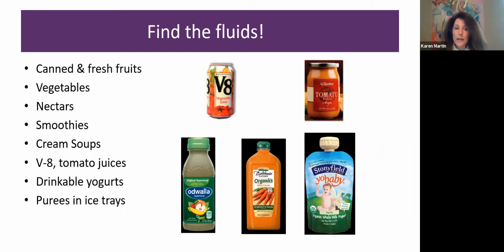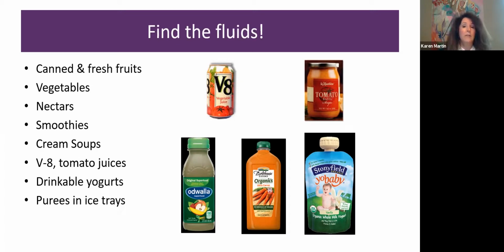These are other places to get fluids. So your canned and fresh fruits and vegetables are almost 100% water. So if you can think about even getting canned apricots and pureeing those and having them like that, or just if you're able to eat canned fruits or fresh fruits, those are good things to incorporate if you're not drinking applesauce.